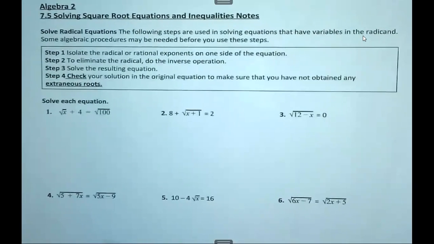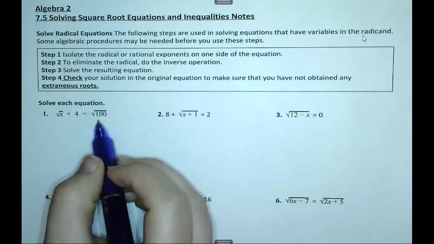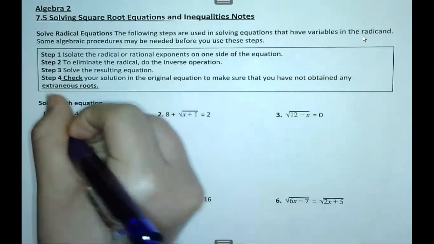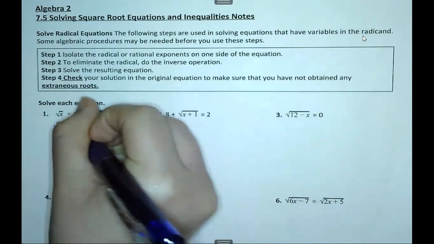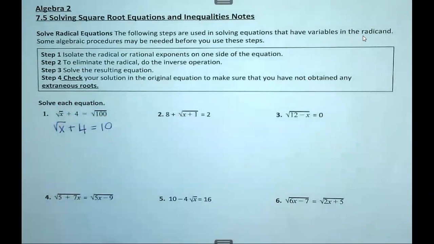So on number 1, we have the square root of x plus 4 equals the square root of 100. So we are trying to get the square root all by itself. First of all, we can simplify the square root of 100. We should know the square root of 100 is 10. So what we really have here is the square root of x plus 4 equals 10.